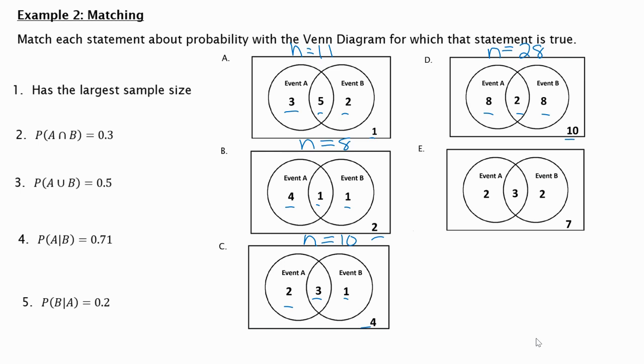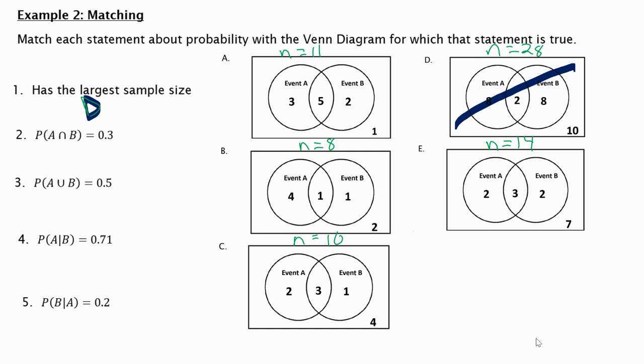And the last one would be 2, 3, 2, and 7, which would give us a sample size of 14. So the one with the largest n value would be the letter D, which is 28, and that's what would match with number 1.